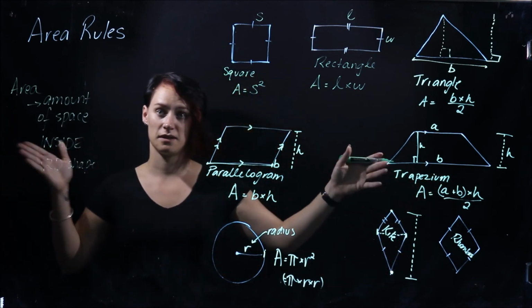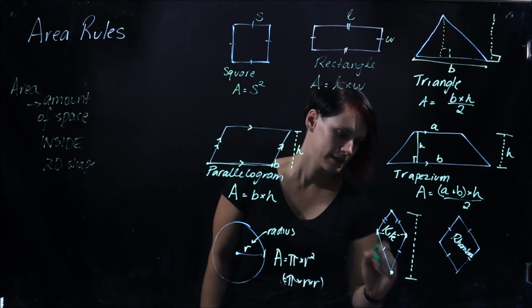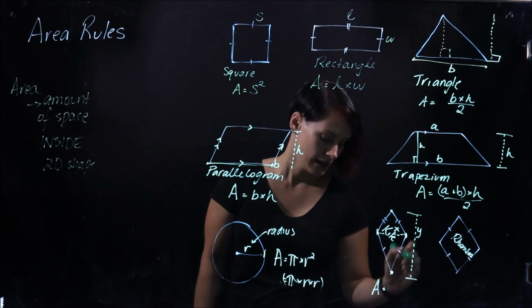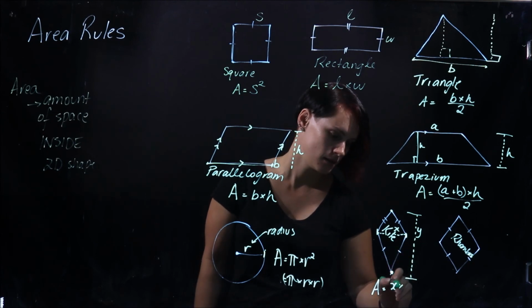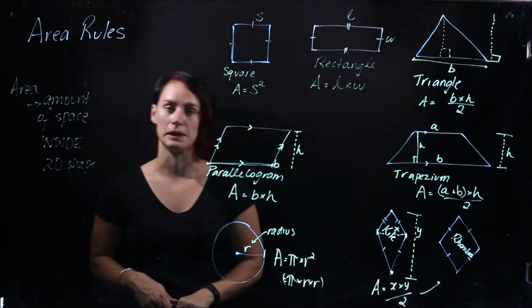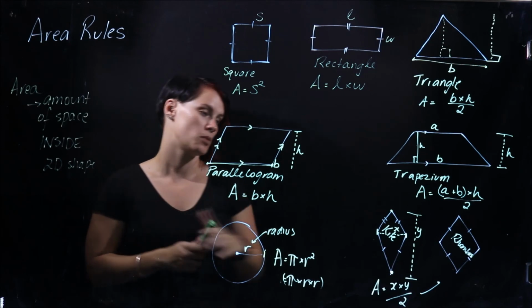So the distance from the side to the side and the top and the bottom. And what we're going to do is we're going to call one X and the other Y, and the area here is simply X times Y divided by 2, and that's for our rhombus as well. Right, how far apart are those points on the side and how far apart are those points from top to bottom.